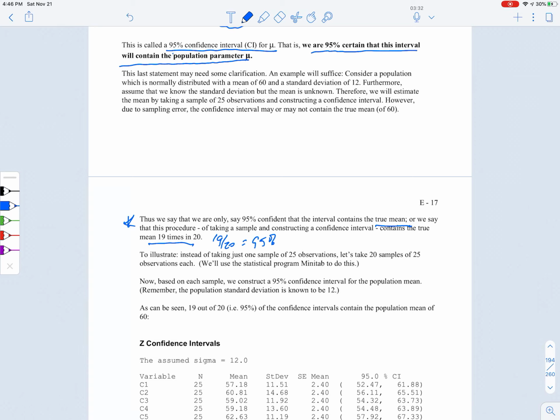Well, I could say something really absurd, that the average college IQ is somewhere between 10 and 250. Now, that's absurd. It's true. For certain, really, in terms of what we know about IQs, that interval actually contains the mean, somewhere between 10 and 250, but we really haven't learned anything useful there.